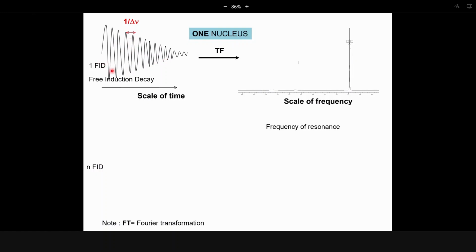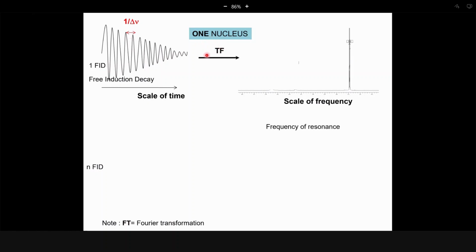So it will be very difficult to interpret something like that. So that's why we have a computer treatment, which is called Fourier transformation, FT in English, TF in French.